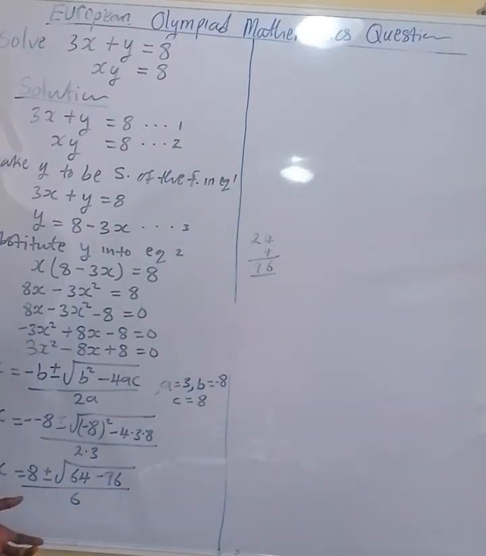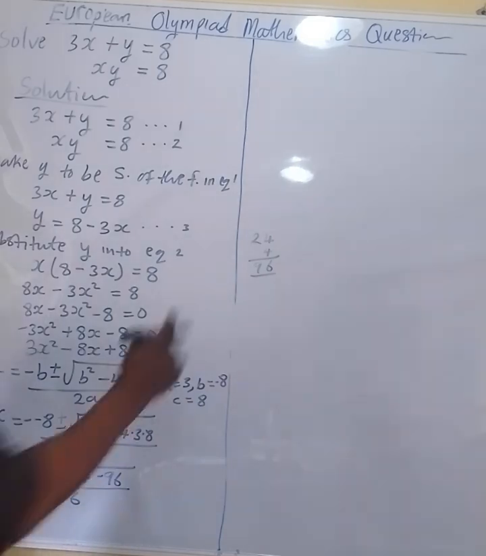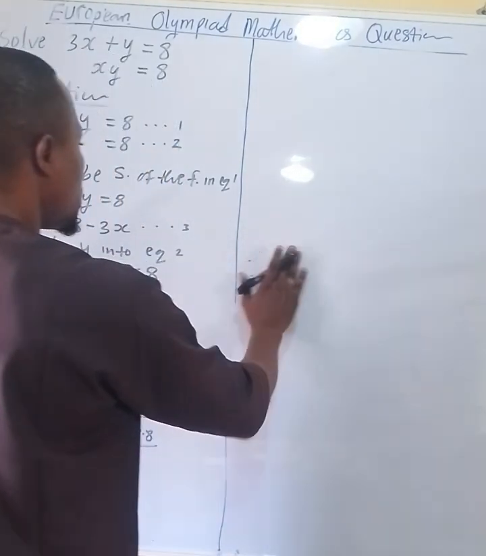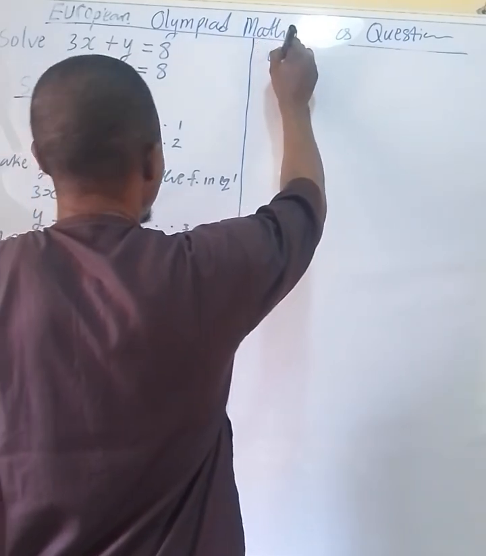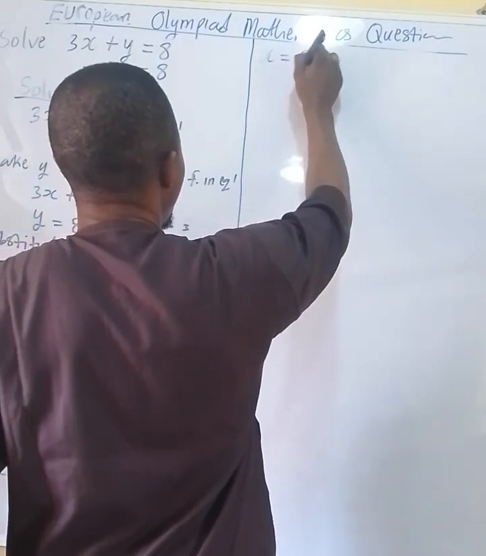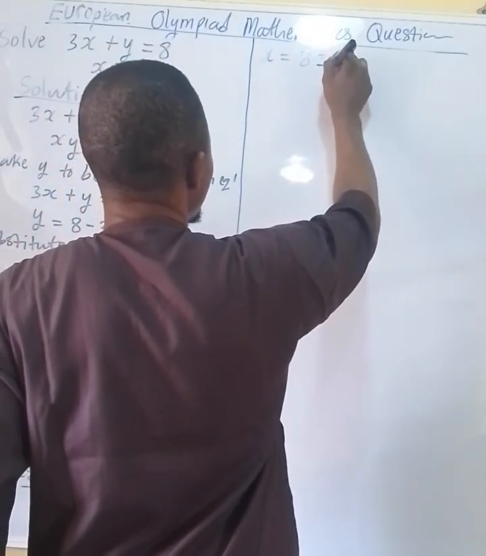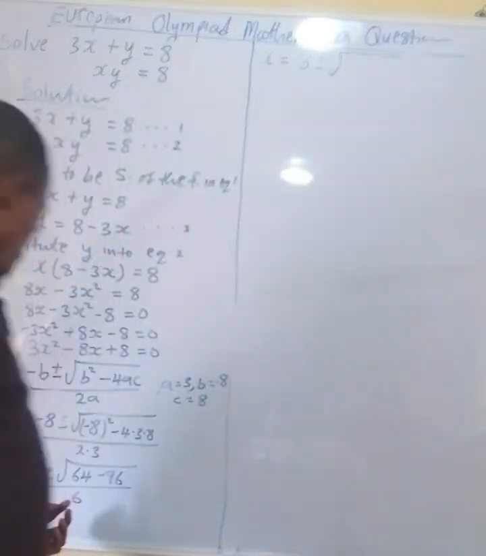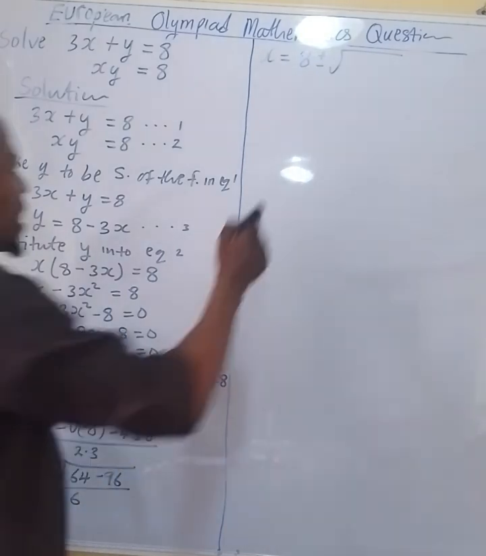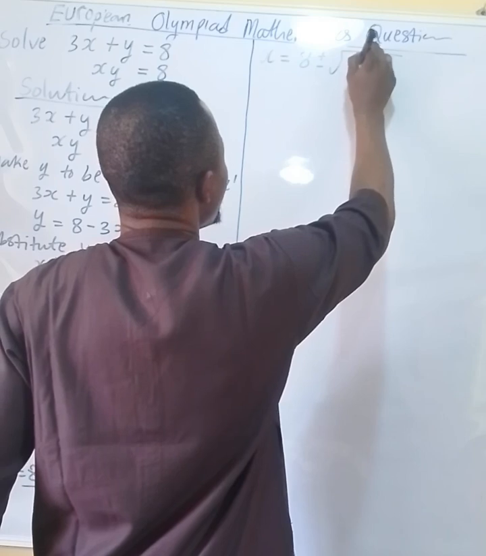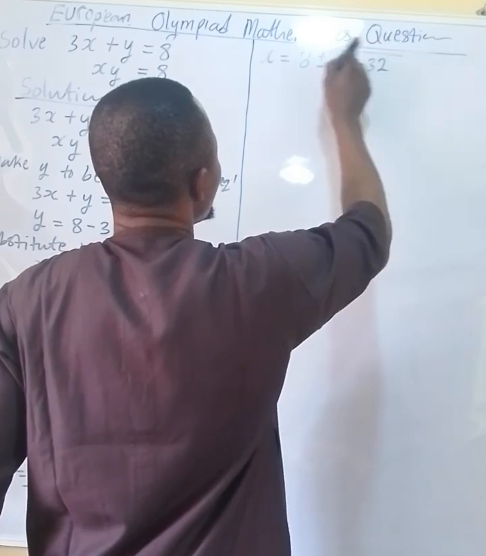From there, we will now subtract. Our x equals 8 plus or minus the square root of 64 minus 96, all over 6. That will give us minus 32.